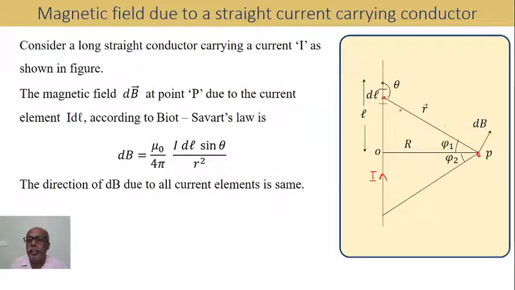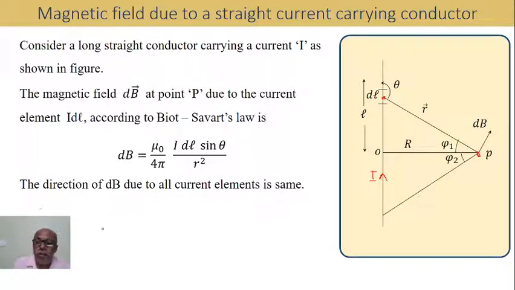This magnetic field at P is due to the current element I dl, and the magnetic field dB at P, due to the current element I dl at a distance r, is given by the Biot-Savart's law.